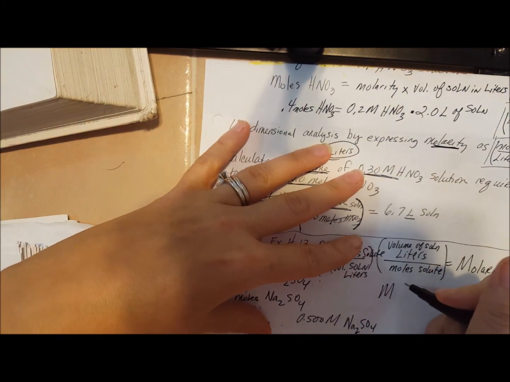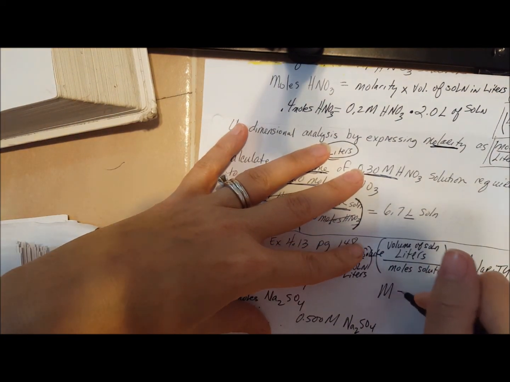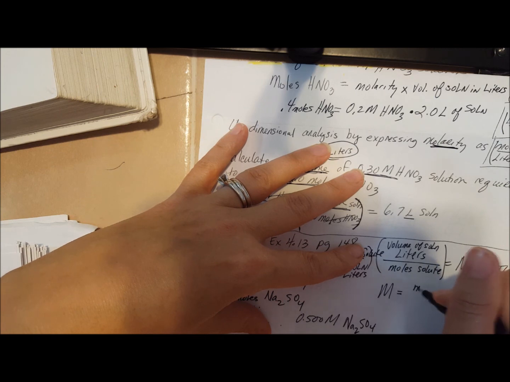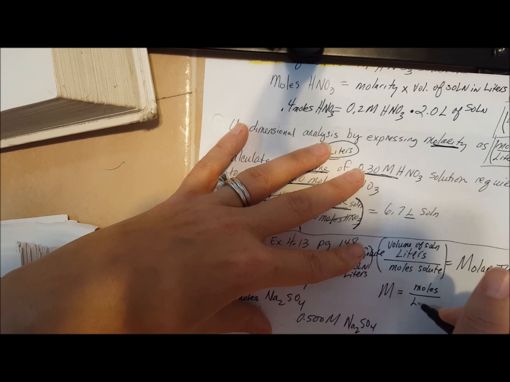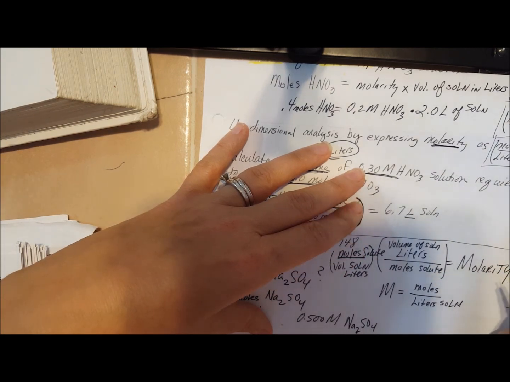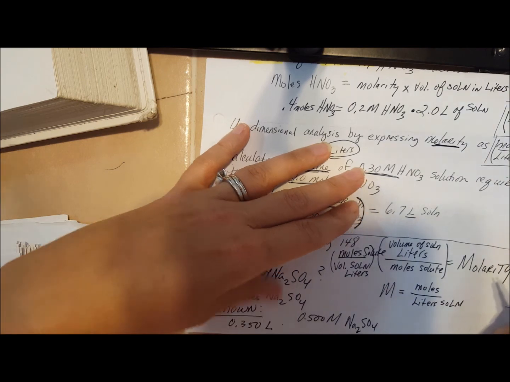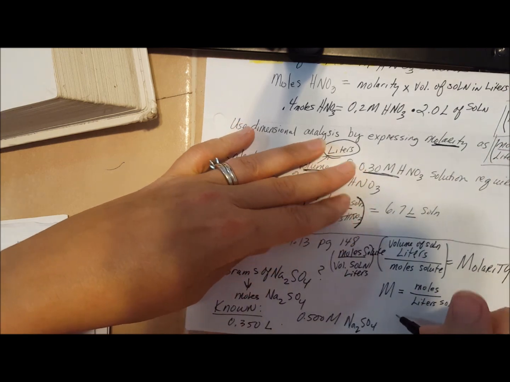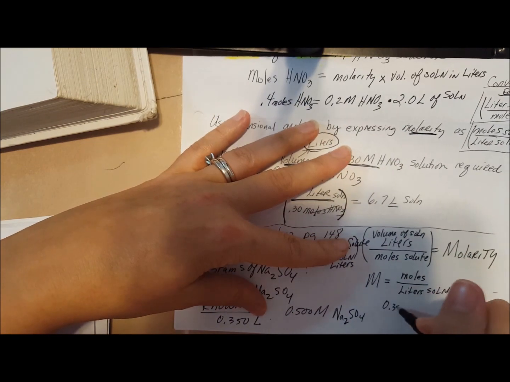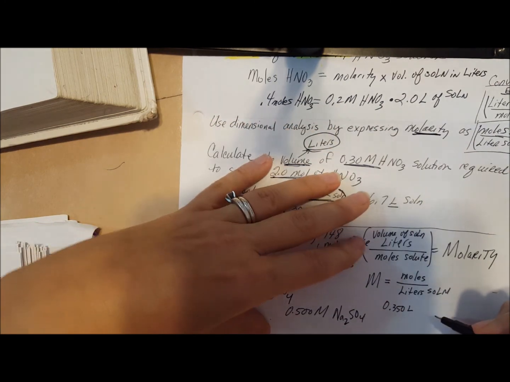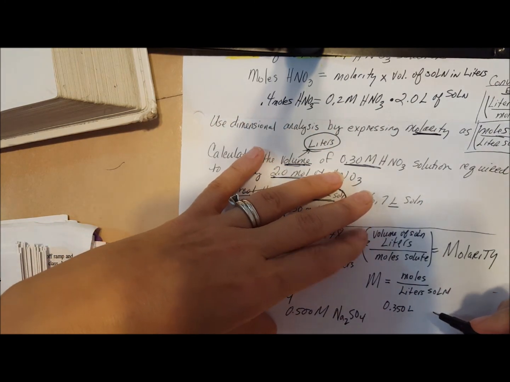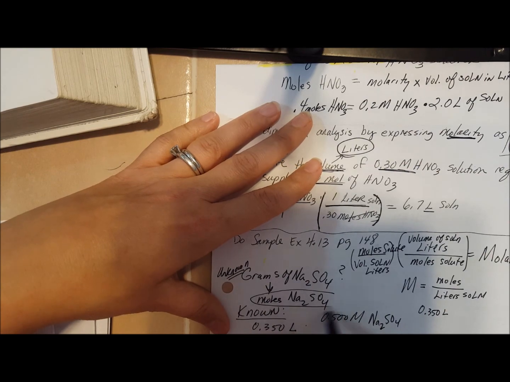M, the molarity of sodium sulfate is equal to the moles of sodium sulfate over the liters in solution. And you start with liters, 0.350 liters, and you want to find moles because that's your unknown.